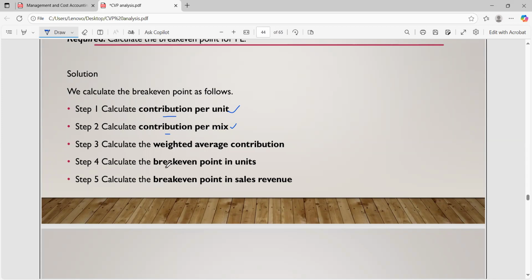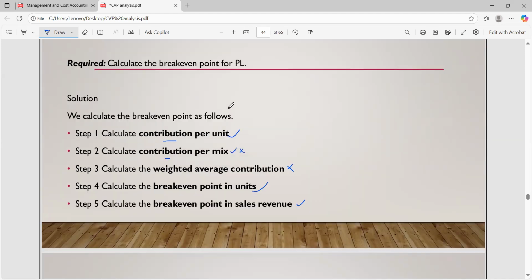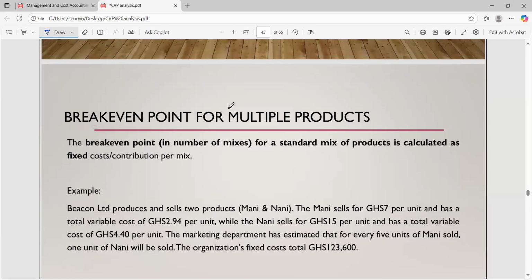Then you determine your break-even point in units. Then you determine your break-even point in sales revenue. The most important points are these two, and once you mix them up, you cannot get this correct. For the rest, it is the usual thing that we are doing. All right.